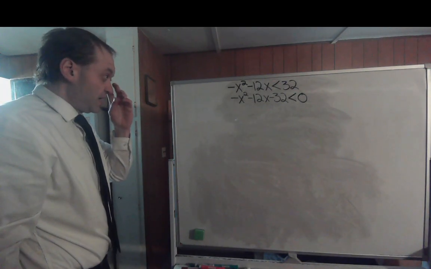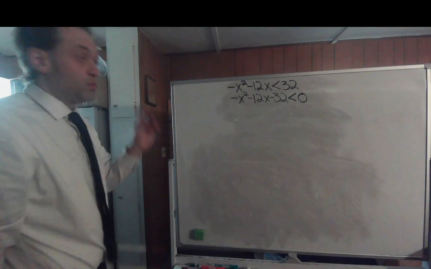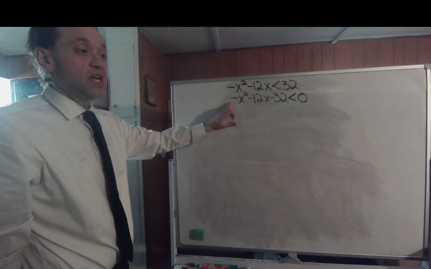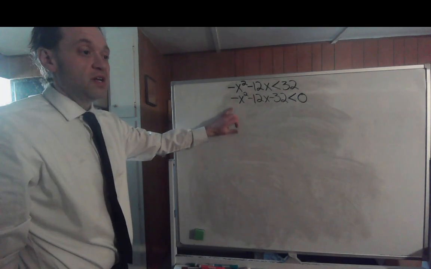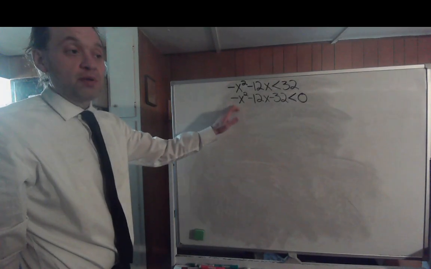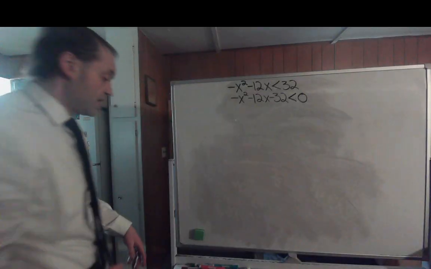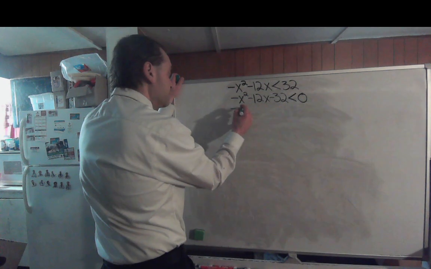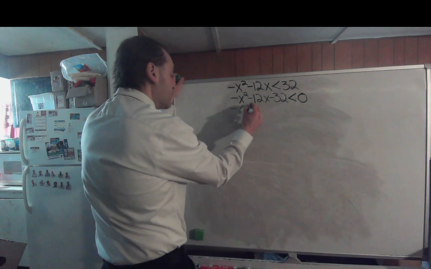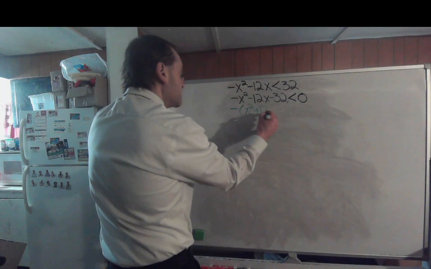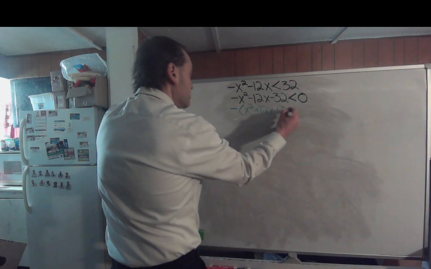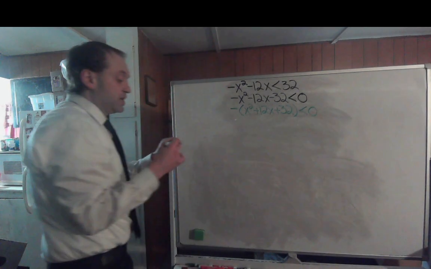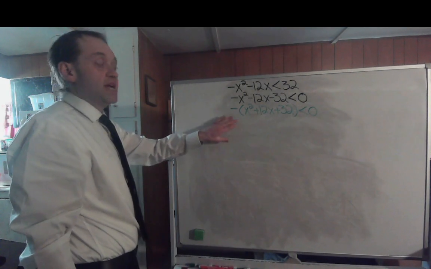Now here's the thing. To factor, you always want your coefficient on the x squared term to be positive. It doesn't have to be 1, but it's got to be positive. So we need to factor out negative 1, right? So this will turn into negative of the quantity x squared plus 12x plus 32 is less than 0, which means we have to divide both sides by negative 1.